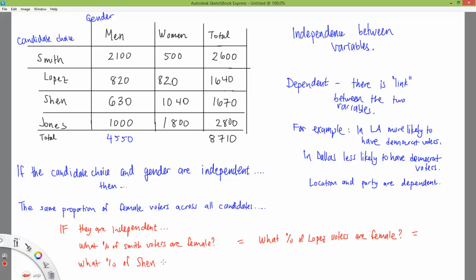All of them should be equal if gender has nothing to do with candidate choice. Does that make sense? So if 50% of Smith's voters are female, then 50% of Lopez voters should be female, and 50% of Shen voters should be female, because what we're saying is that gender has nothing to do with candidate choice.